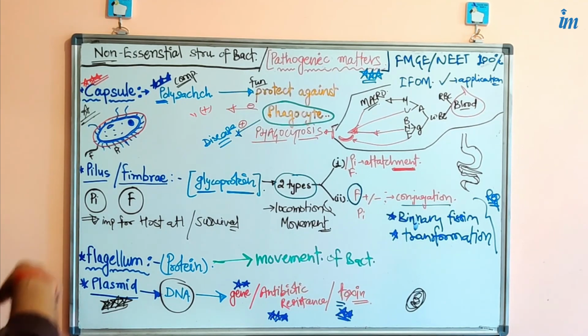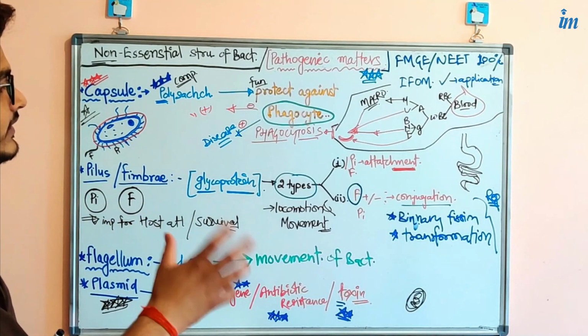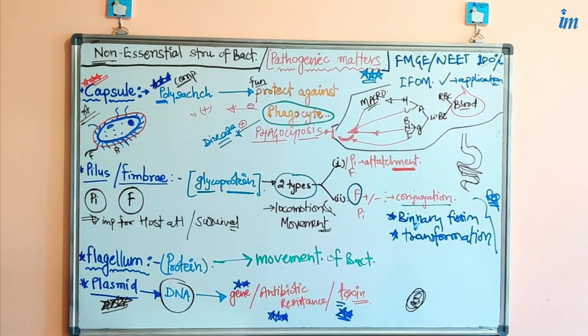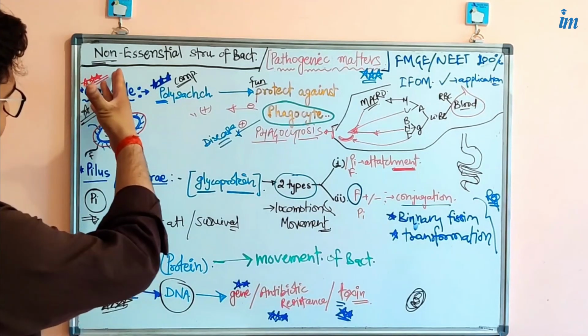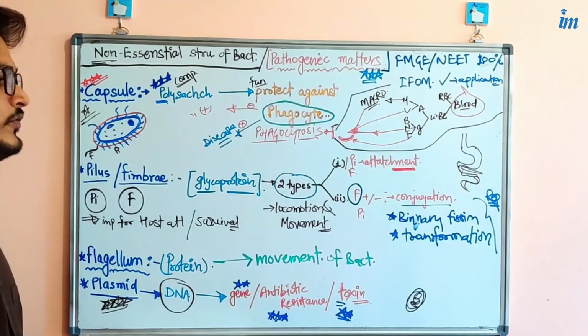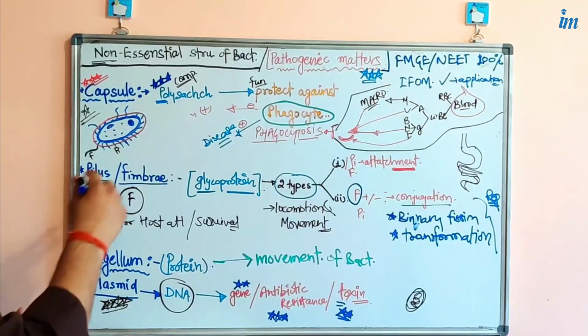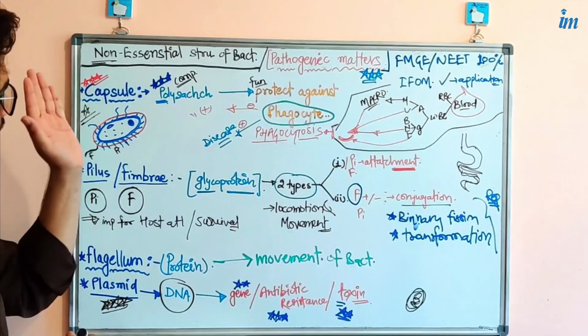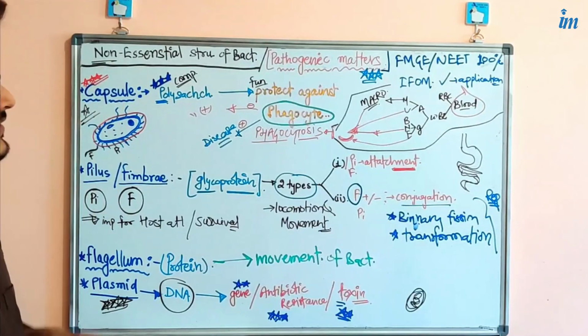Because of capsule staining, many times we are able to identify clinical things, which is known as clinical diagnosis. In NEET and FMG questions, most of the time they ask about plasmid characters, antibiotic names, and sometimes conjugation history. In the next video, I will tell about a few more structures of the bacteria, the non-essential parts of the bacterial structure, and then we will move to the questions asked on these structures.